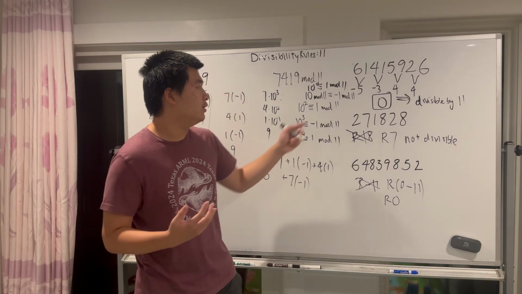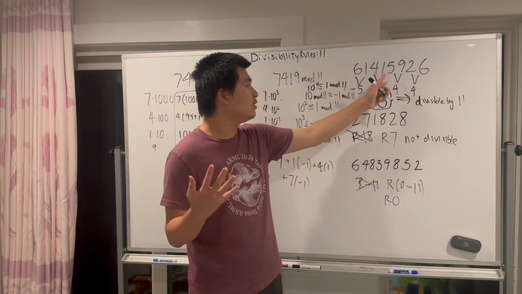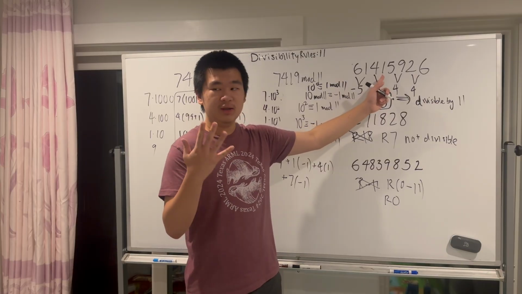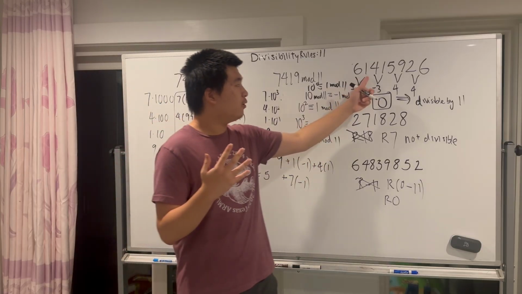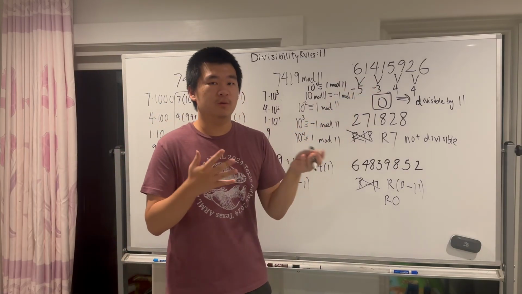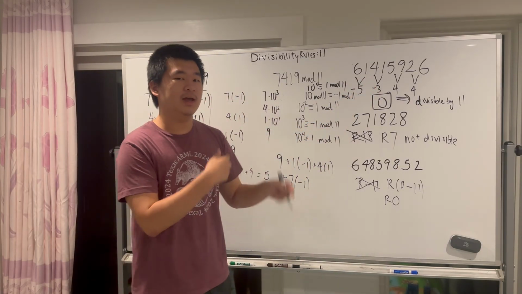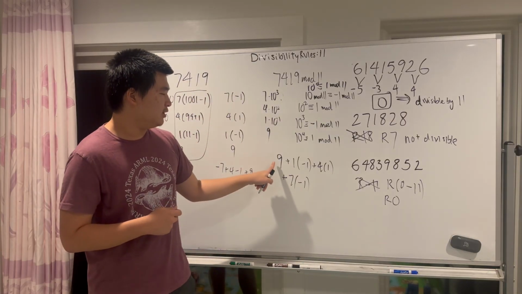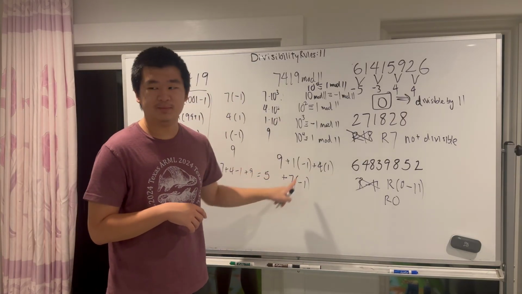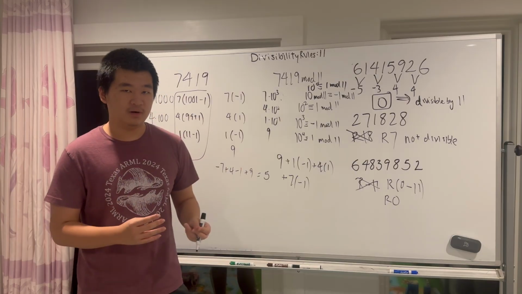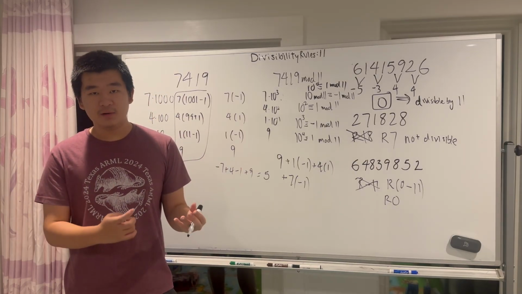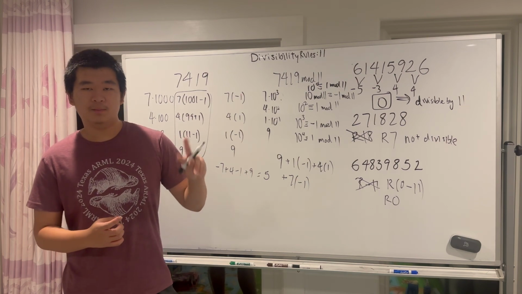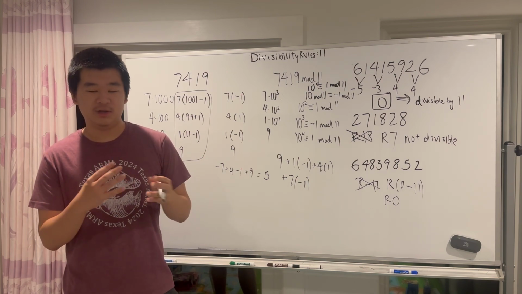And if we were to extend this, we see that this 1 times 10 to the power 4 becomes 1 times 1. 4 times 10 to the power 5 becomes 4 times -1, and that is where we get the alternating. So you can see, once again, plus, minus, and this arises from the fact that 10 is congruent to -1 mod 11, and -1 flips between negative and positive when you take it to increasing powers.